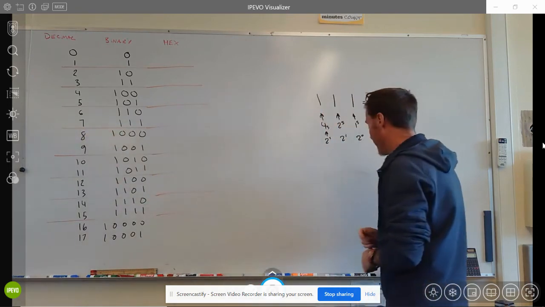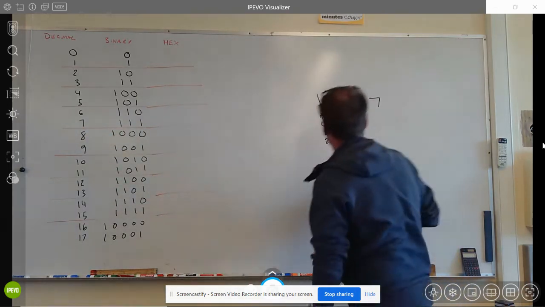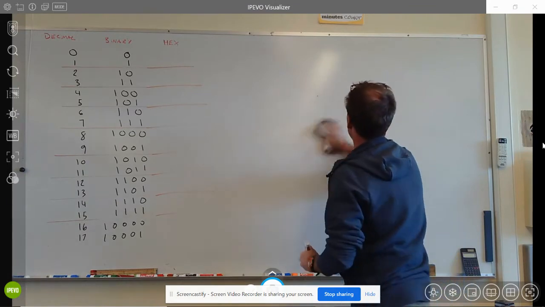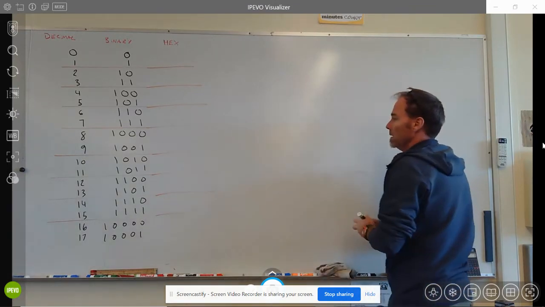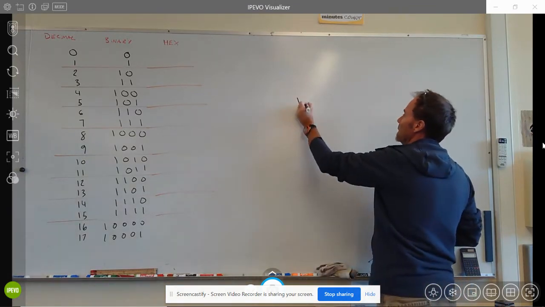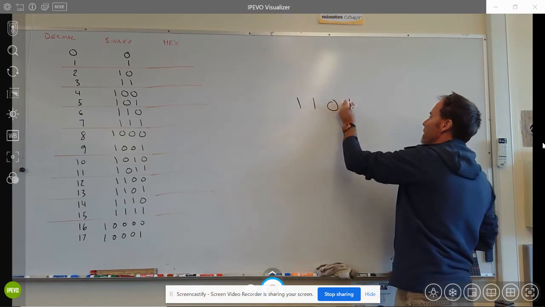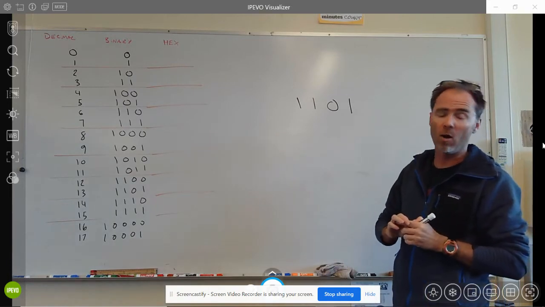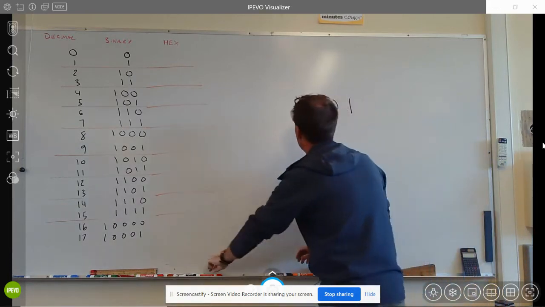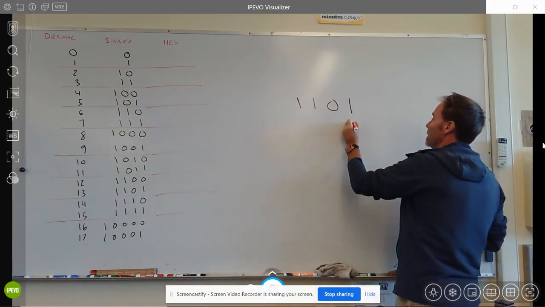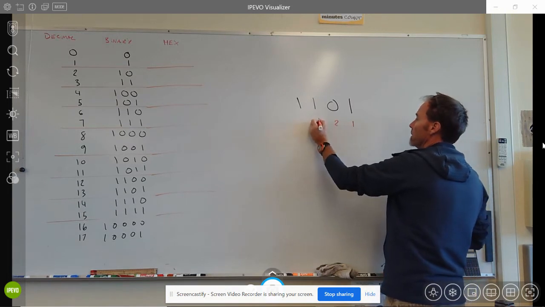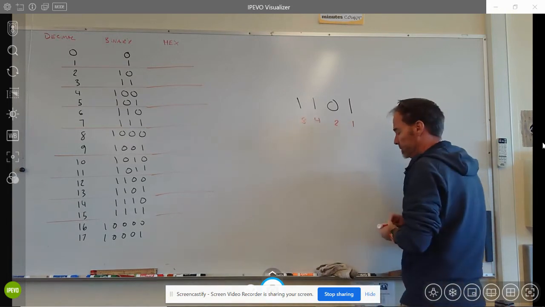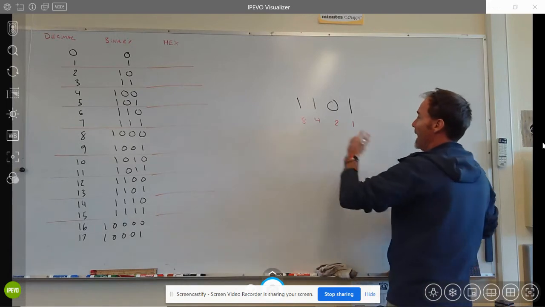Okay, or let's do another example, 1, 1, 0, 1. What is 1, 1, 0, 1 in our number system? So I go 1s, 2, 4, 8.